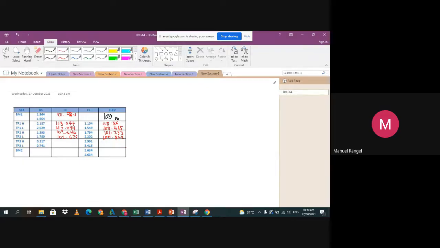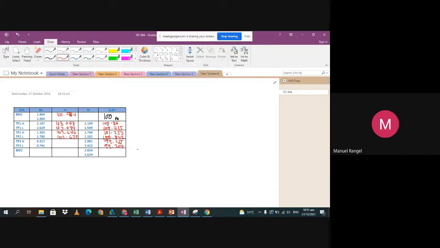And elevation: 102.646 minus 2.991 is 99.655. Then the other: 102.622 minus 3.415 is 99.207.